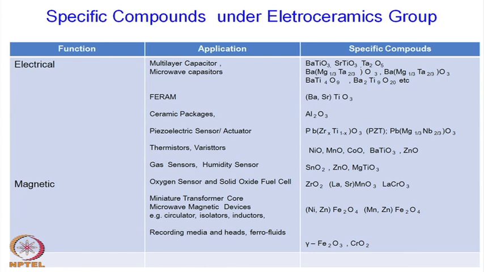Therefore, you need special preparation techniques or synthesizing techniques to prepare these oxides, because until and unless you get these materials in pure form and in the desired compositions, or the designed compositions, they do not produce the right kind of property which you are looking for.